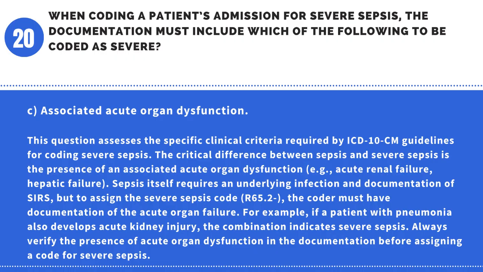Sepsis itself requires an underlying infection and documentation of SIRS, but to assign the severe sepsis code, R65.2, the coder must have documentation of the acute organ failure. For example, if a patient with pneumonia also develops acute kidney injury, the combination indicates severe sepsis. Always verify the presence of acute organ dysfunction in the documentation before assigning a code for severe sepsis.